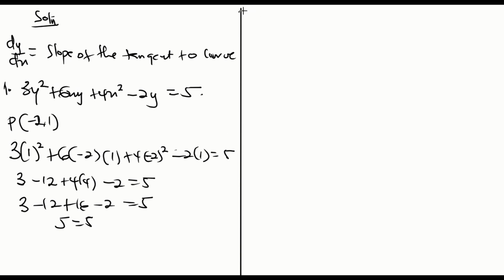We come here where we have 3y squared plus 6xy plus 4x squared minus 2y equals 5.